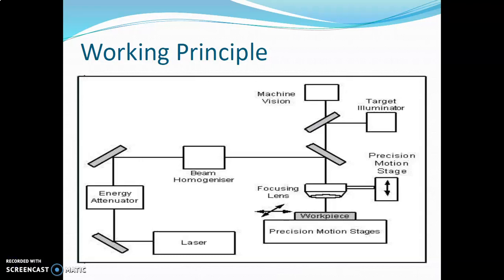You can see here we have an energy attenuator, a beam homogenizer, then it is transferred to the lenses. Here we have a machine vision system, a target illuminator, a precision motion stage, a focusing lens, and finally the workpiece.